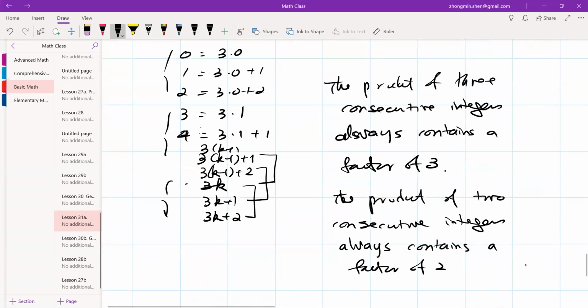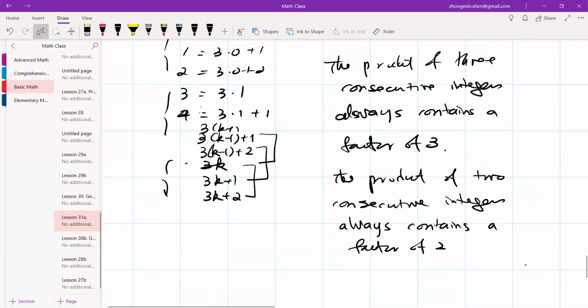Why? Because of 2 consecutive integers, if one is odd, the other one must be even. So the product of 3 consecutive integers must contain a factor of 2 and 3. That's why it's divisible by 6.